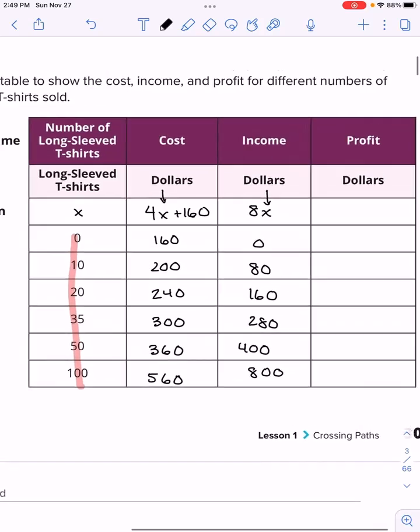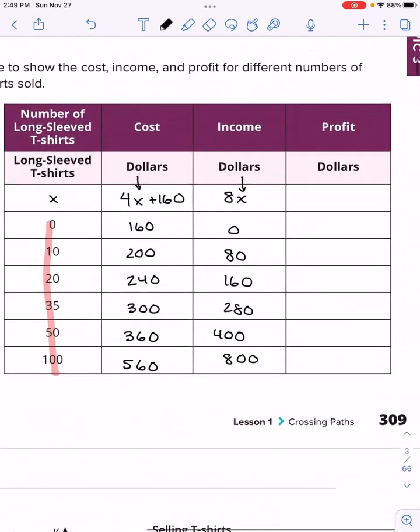Okay. Now, for us to figure out our profit, right? Profit is how much we're selling minus how much we're buying. So how much money are we actually raising here? What you have to do from here to here is you just have to subtract.